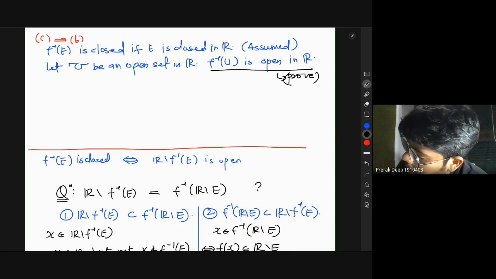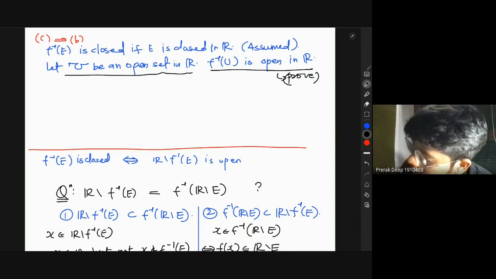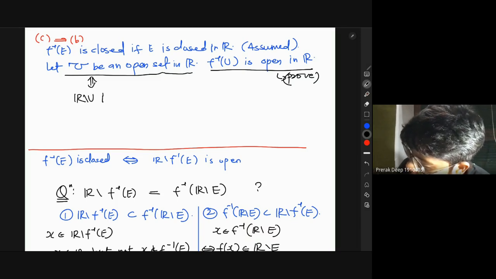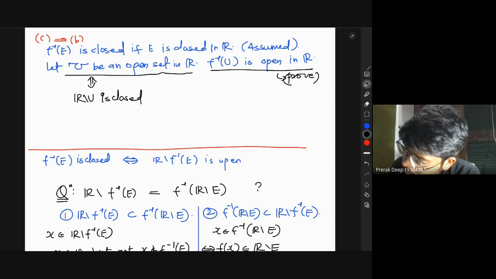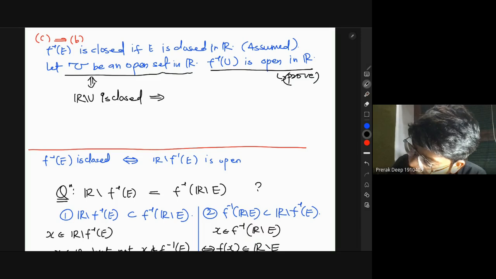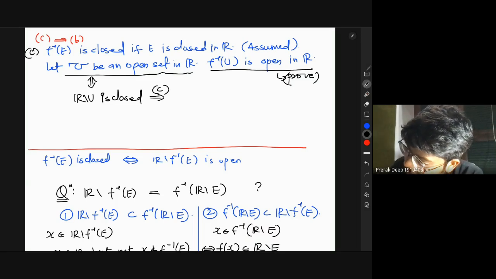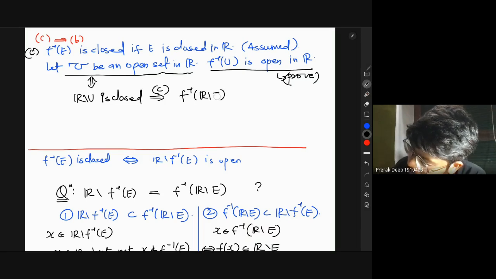Now U being open in R is equivalent to saying that R minus U is closed. R minus U is closed implies, from the fact C, that F inverse of R minus U is closed.